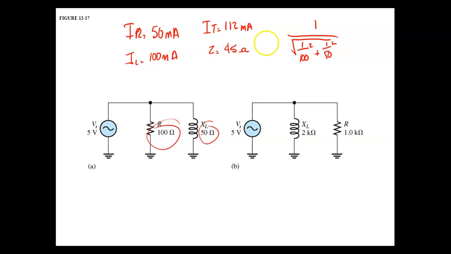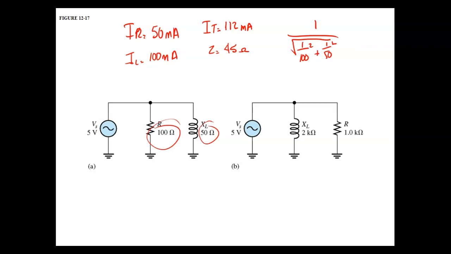So we could have solved it this way, and you would come up with the same thing: 45 ohms. But look at all the chances you have of making a mistake. You'd have to enter 100 reciprocal squared plus 50 reciprocal squared, square root, reciprocal. But it would come up with the same answer.